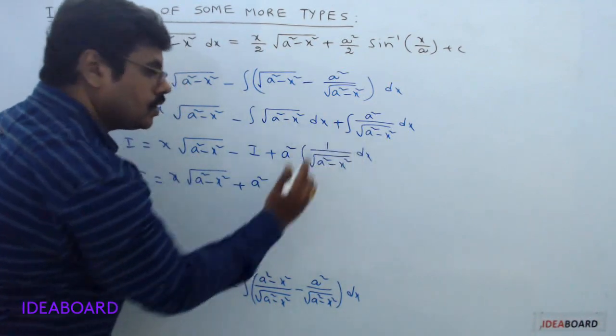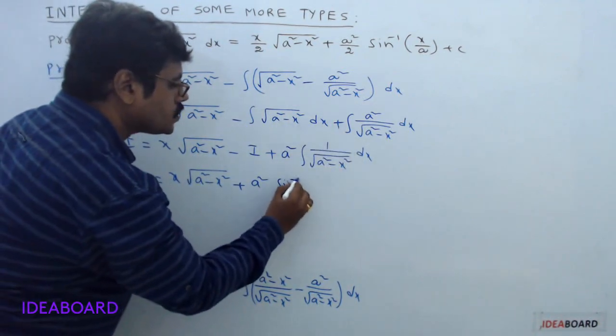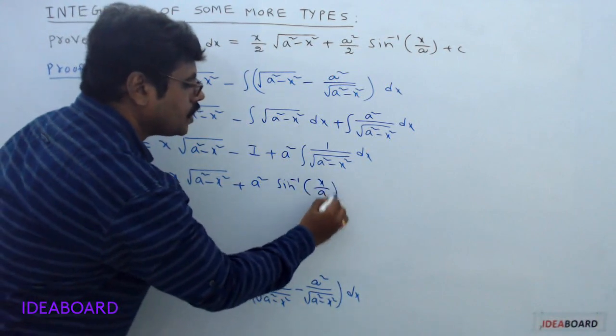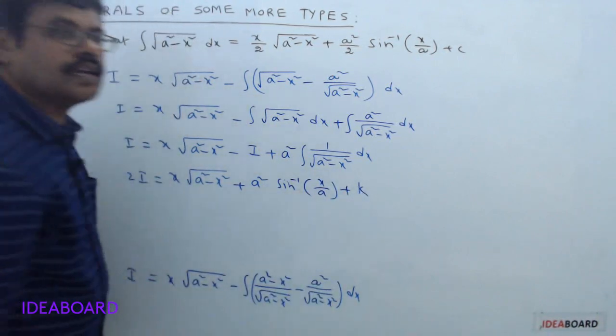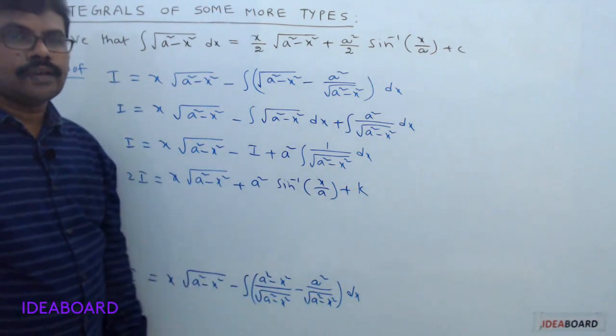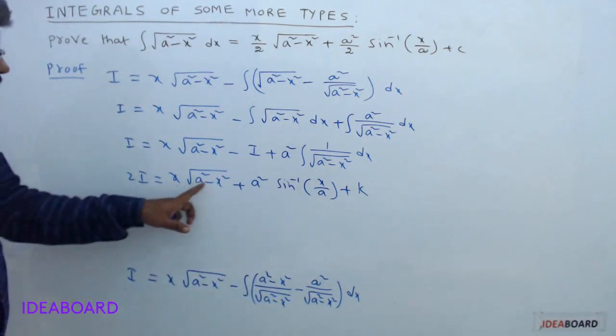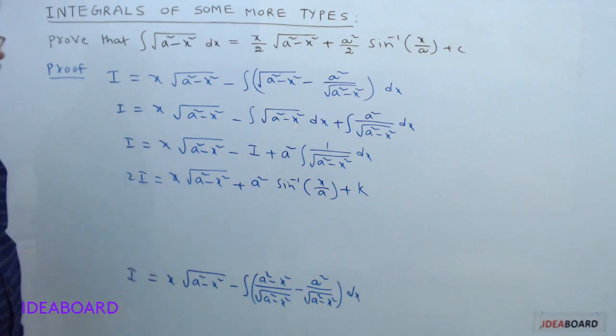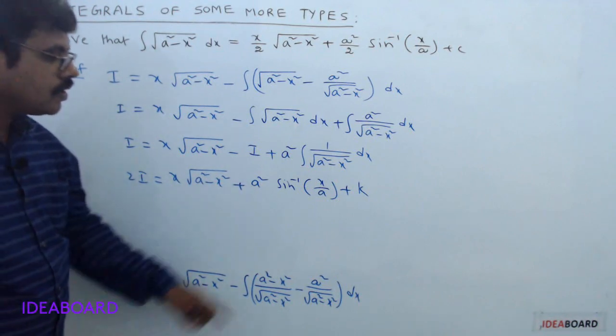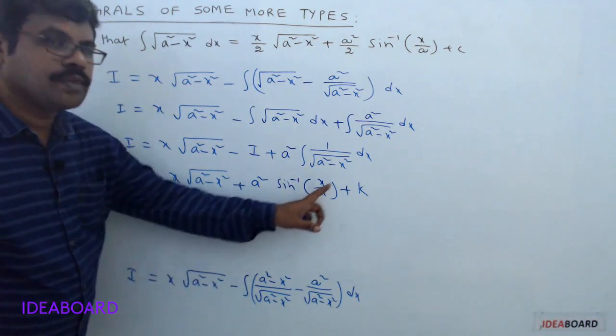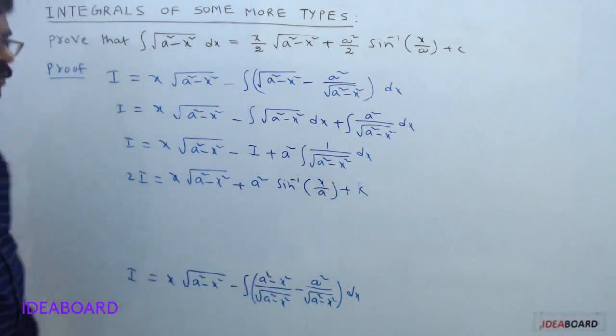What is its formula? It is sine inverse of x divided by a plus some constant, let it be k. Now 2I equals x into square root of a square minus x square plus a square into sine inverse of x by a plus some constant.